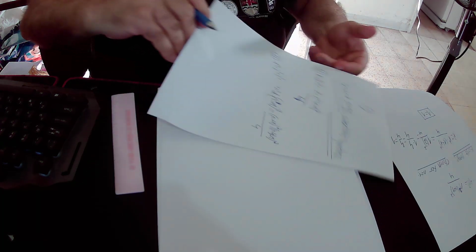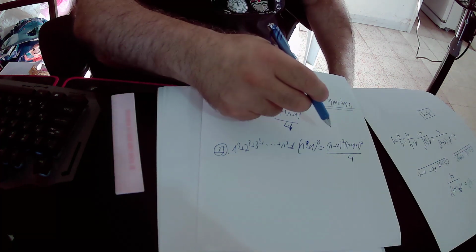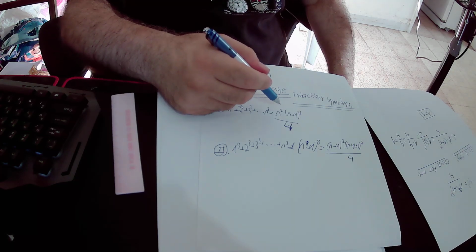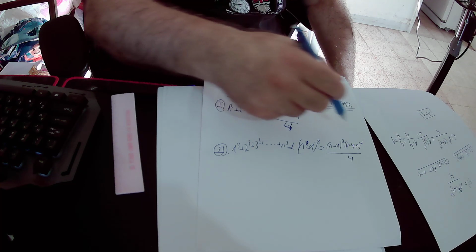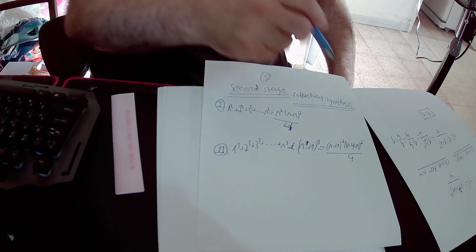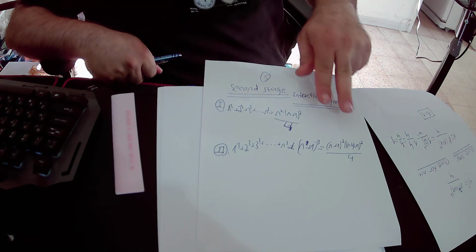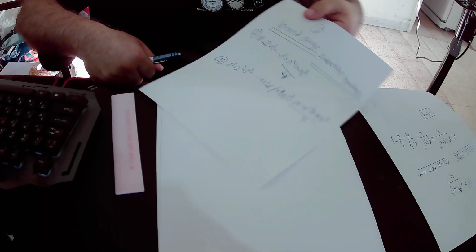As I've already told you, instead of n we will write n plus 1, because this expression is for n plus 1. So n squared will become (n plus 1) squared, and n plus 1 will be n plus 1 plus 1, because when we substitute n by n plus 1, n plus 1 plus 1 equals n plus 2, so we'll write it down.